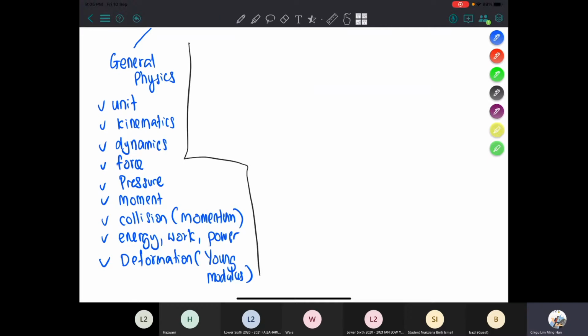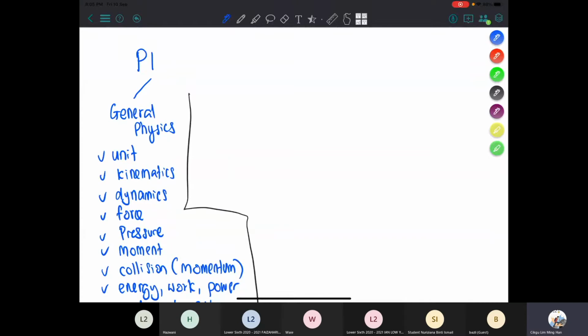So this is the first one. The second one that will be covered is waves.